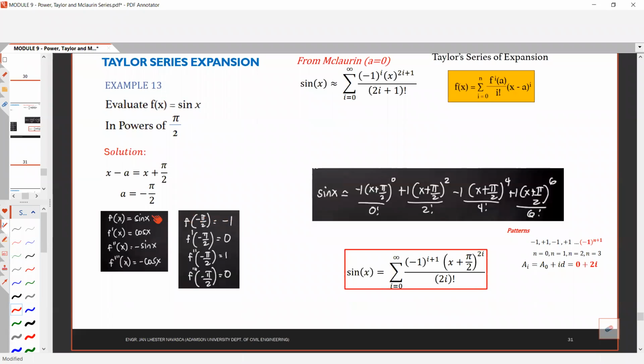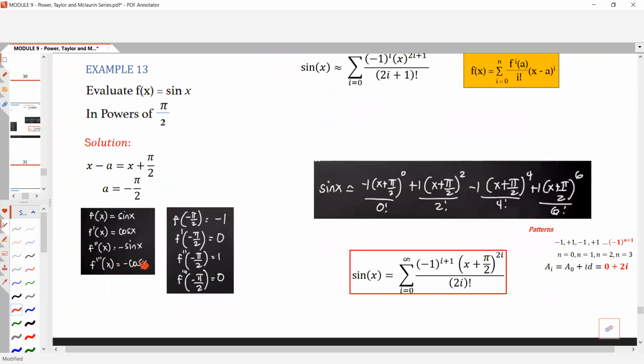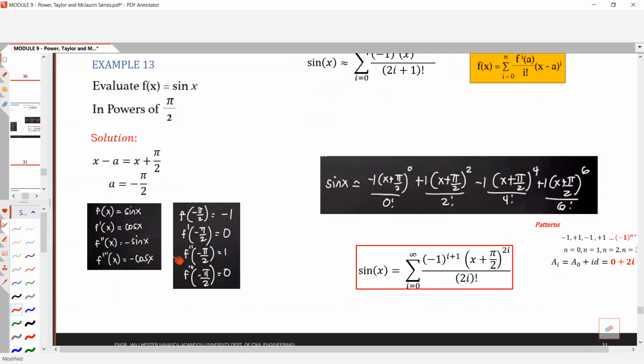So, using a traditional solution, you will find a pattern, okay? The same way. So, f of x, f prime of x, f double prime of x, and f triple prime of x. Okay? So, f fourth prime, nakakita ka na ng pattern dyan eh. That is sin x na ulit. Okay?